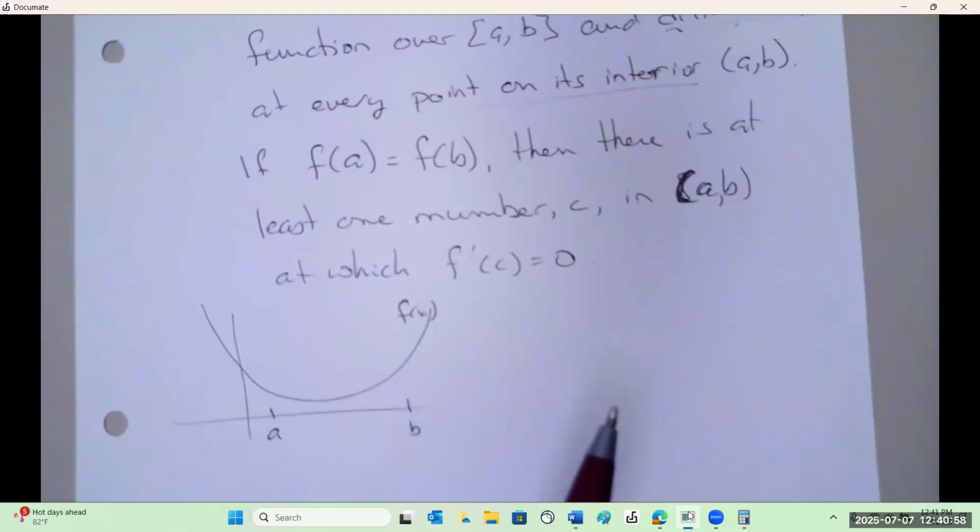Now, where is it not differentiable? What four conditions exist where it's not differentiable? If there's a discontinuity, this is continuous, okay. If it oscillates, this doesn't oscillate, okay. What are the last two conditions? It's not differentiable at corners or cusps.